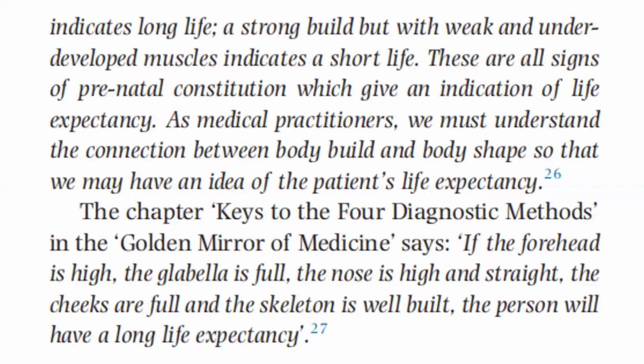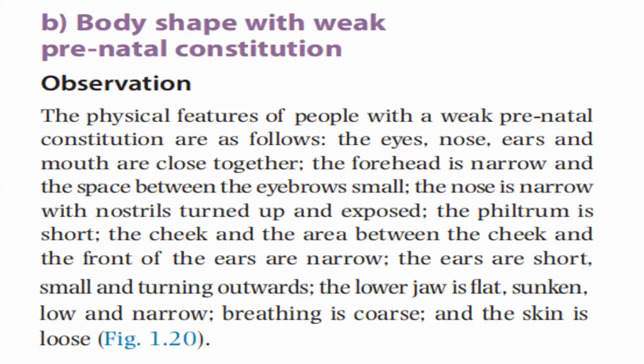Next, the body shape with weak prenatal constitution. The physical features of people with a weak prenatal constitution are as follows. The eyes, nose, ears, and mouth are close together. The forehead is narrow, and the space between the eyebrows small. The nose is narrow, and the nostrils turned up and exposed. The philtrum is short.